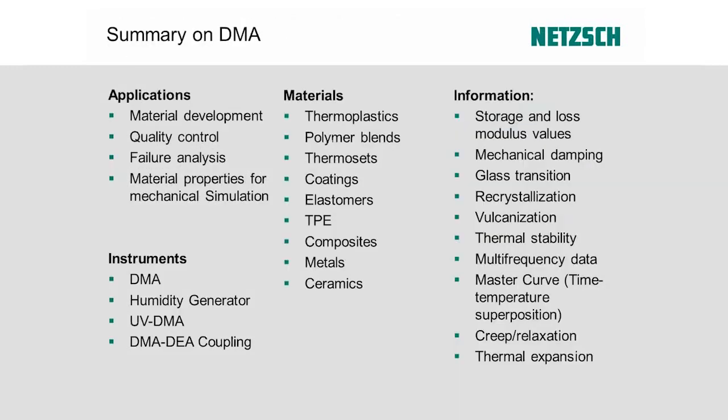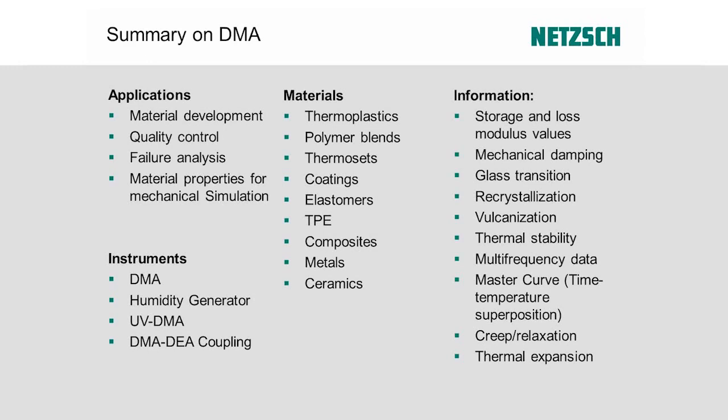So with that, I would like to get to the summary slide on dynamic mechanical analysis. What I tried to show you today. There's different applications of the DMA in material development, quality control, failure analysis, and coming up more and more, determination of material properties for mechanical simulations. The instruments that you need, I just showed you, is DMA and some accessories as humidity generator and so on. The materials you can investigate go through the entire range of polymers.